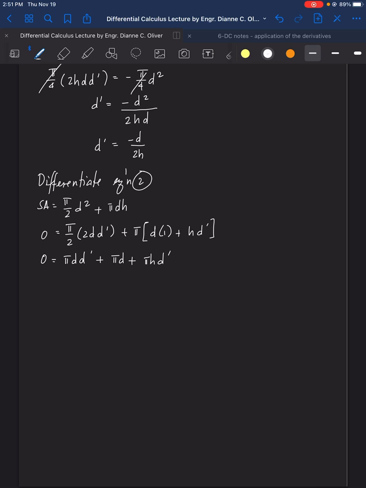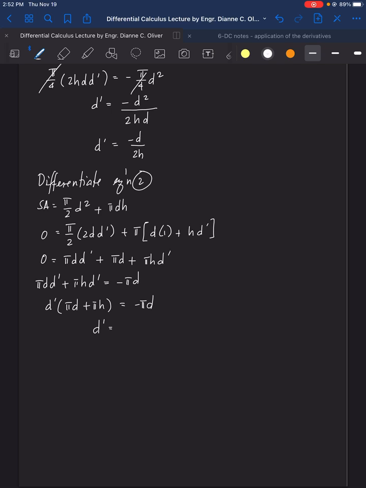Then we have there 2d d prime plus 2h d prime equals negative pi d. And d prime multiplied with, this is d prime, pi d plus pi h is equal to negative pi d.